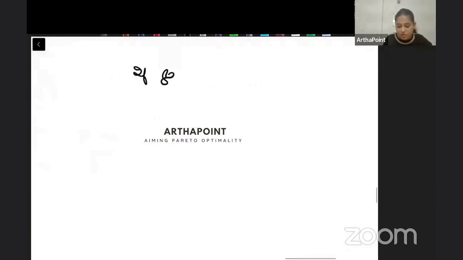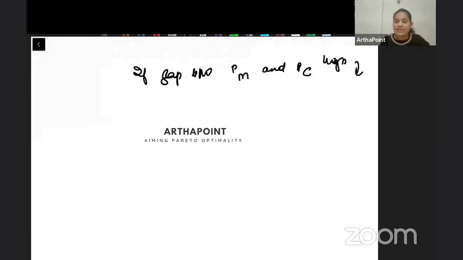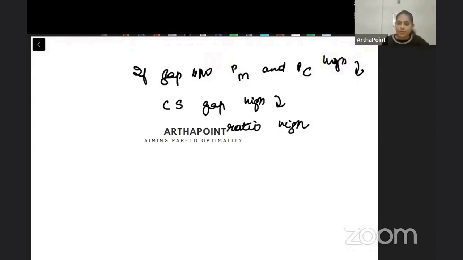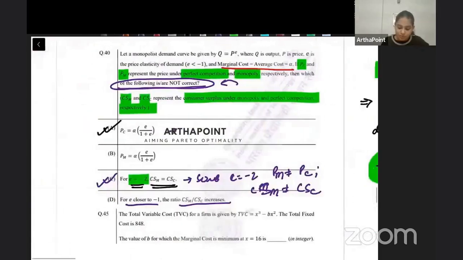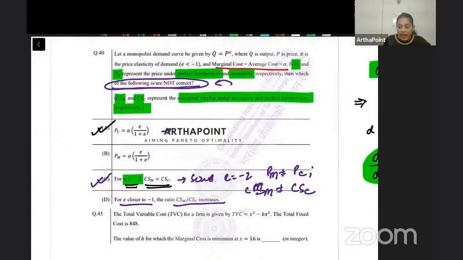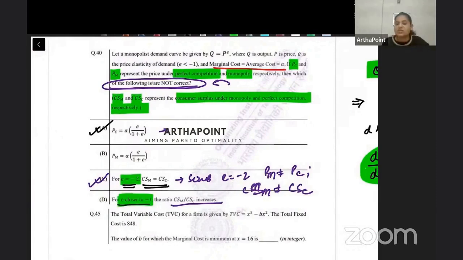if the gap between the price of a monopolist and price of perfectly competitive firm is high, then in that case, the consumer surplus gap will be high. If consumer surplus gap is high, the ratio between the two consumer surplus will be high. Now, if I just go back and check here, the fourth statement says, as E is closer to -1, then this ratio will increase.